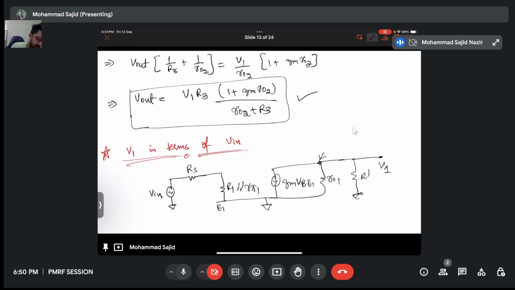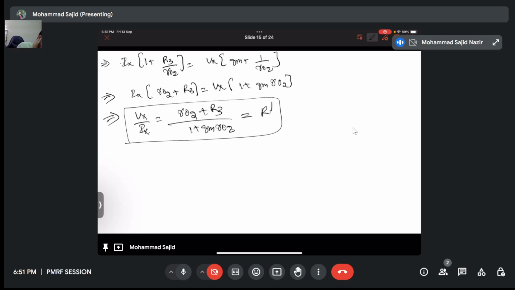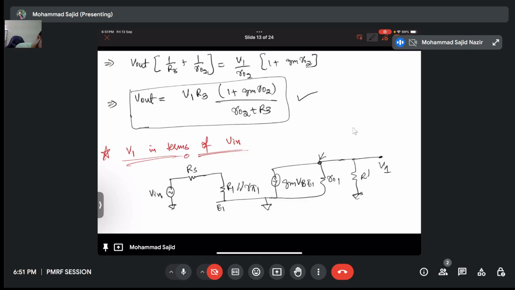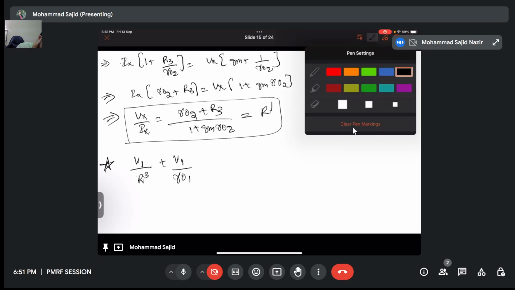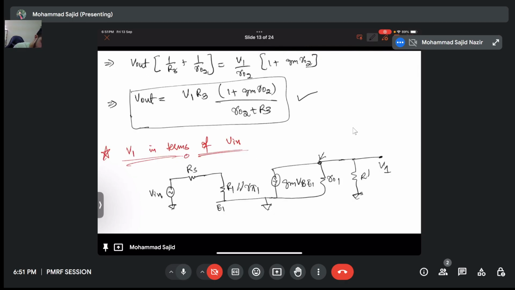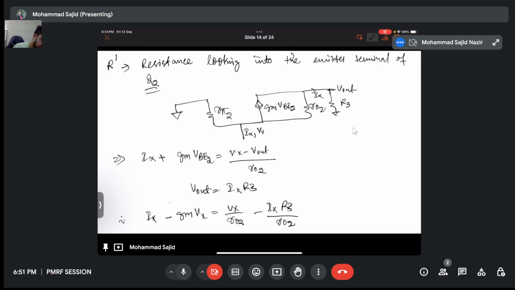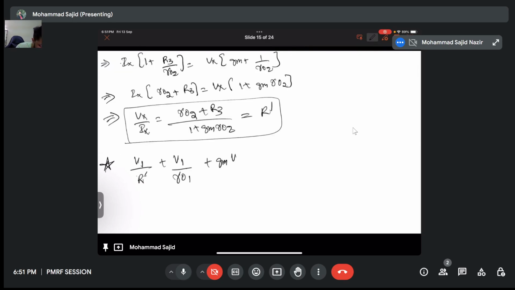So now that we have this R dash, we are in a position to calculate V1 in terms of V in. Nodal analysis at the output node will be V1 by R dash plus V1 by R naught 1 plus Gm VBE1 will be equivalent to 0.